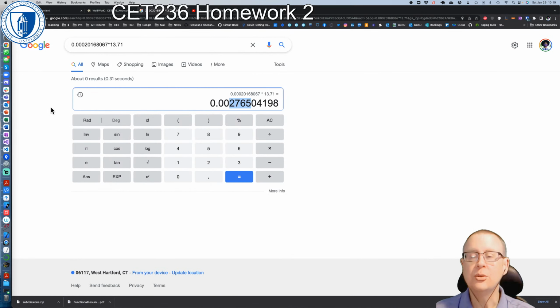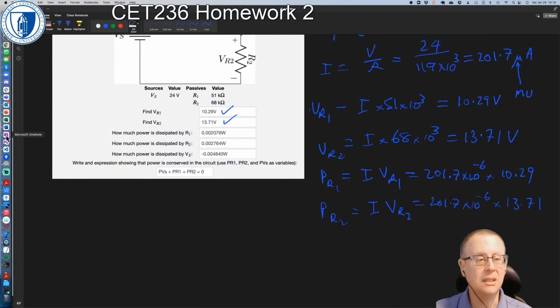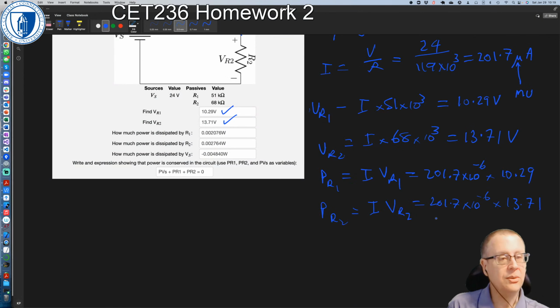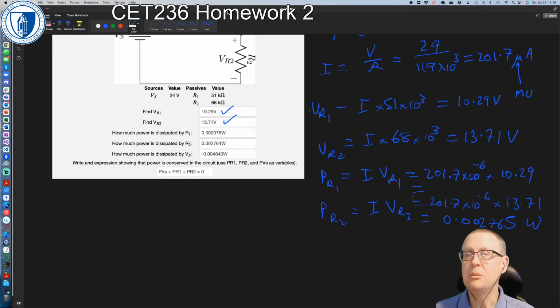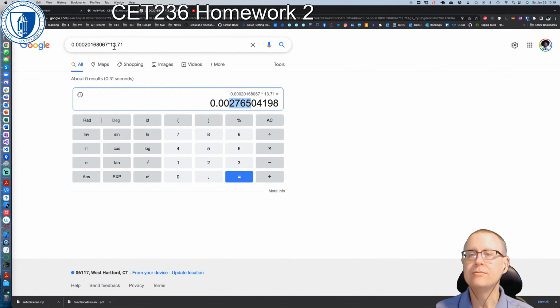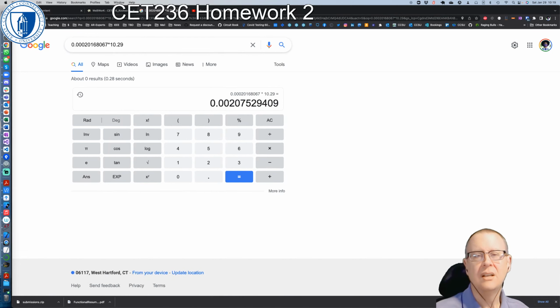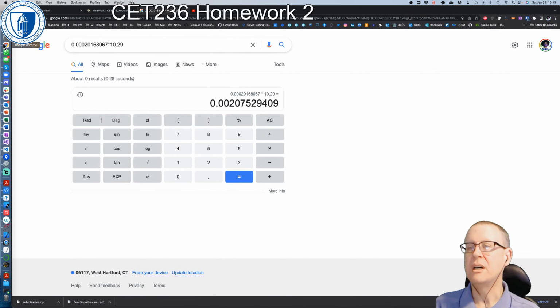It's interesting, I got 2.765 in my calculation here because I was only using right. So that one there is 0.002765 watts, and this one, let's see if we can get it, 10.29. Right, it's 0.002075.